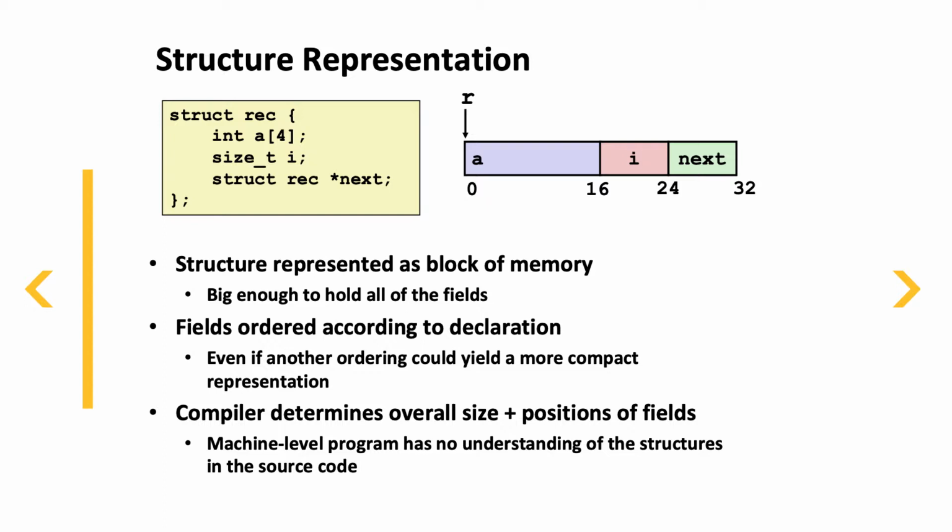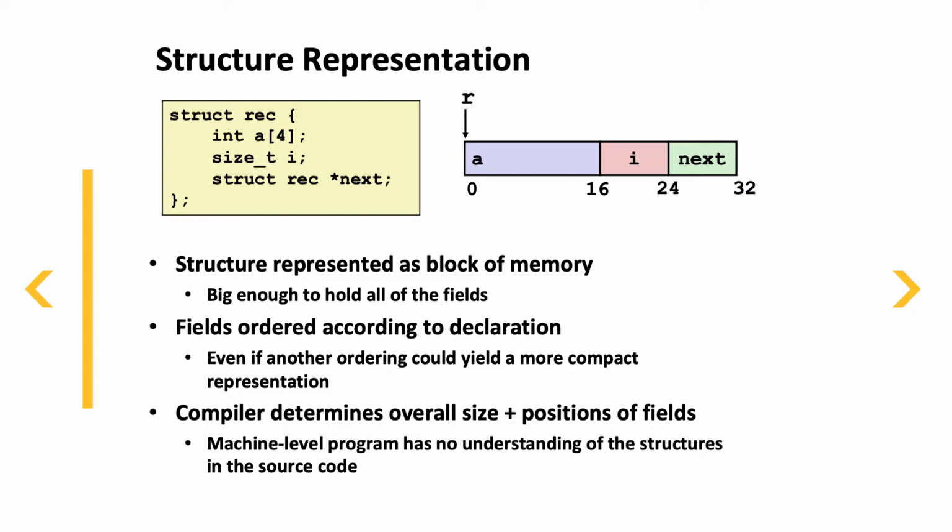So in this example, we declare an integer array A, which is length 4, so that's why it's 16 bytes. We declare a size_t of I, that's another 8 bytes there. We've got another struct, and that's okay. That's going to be a pointer, actually. So that's going to be another 8 bytes, and those are always going to appear in memory in that order.